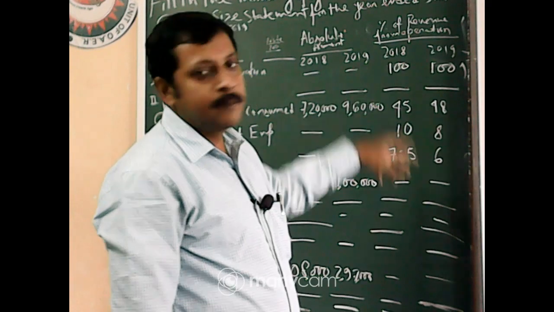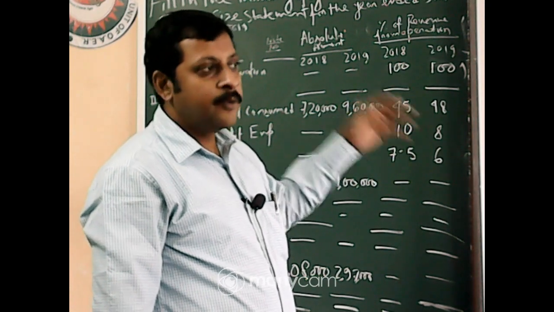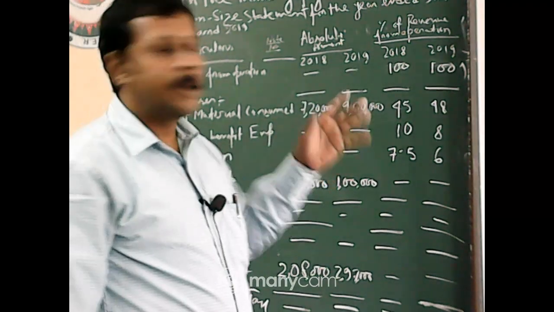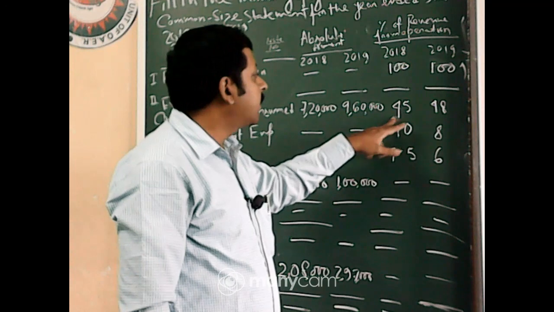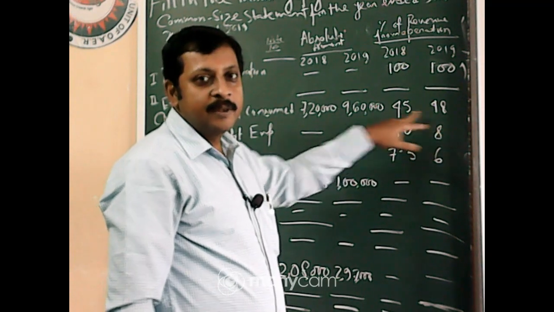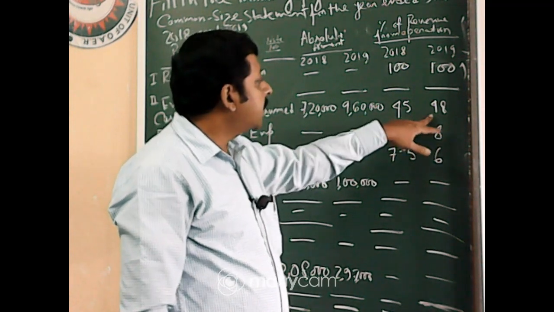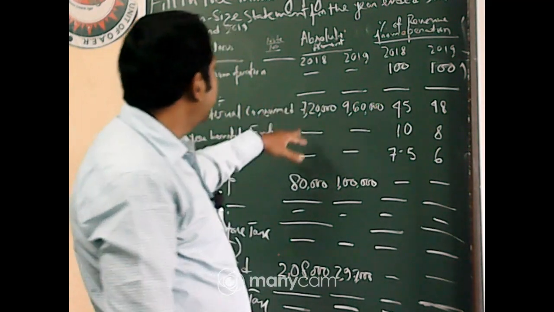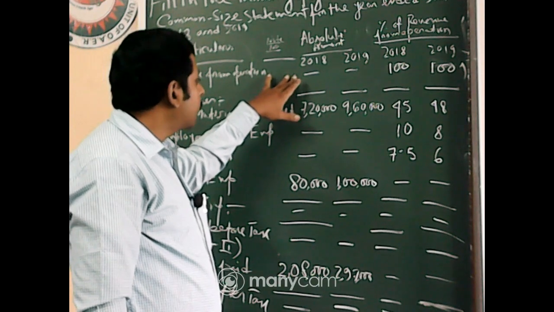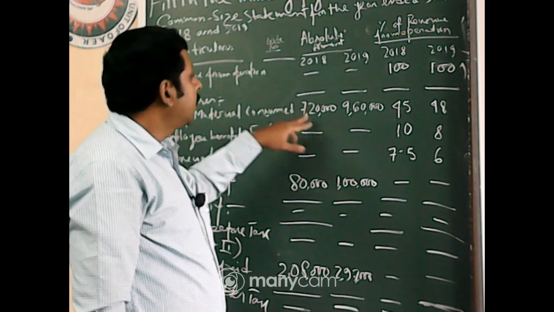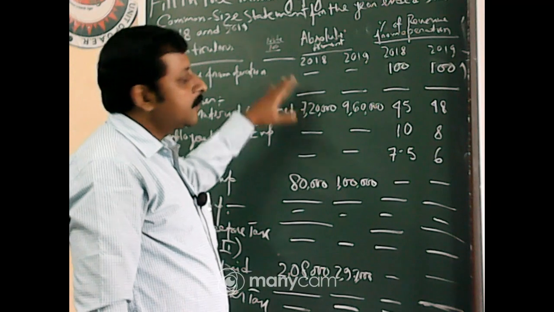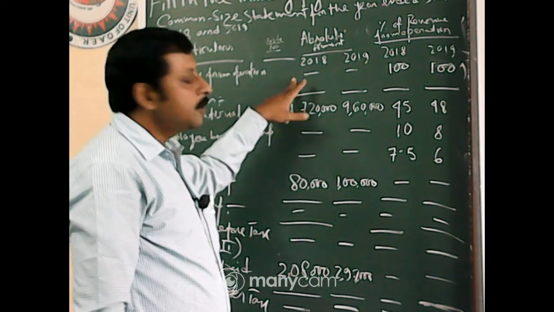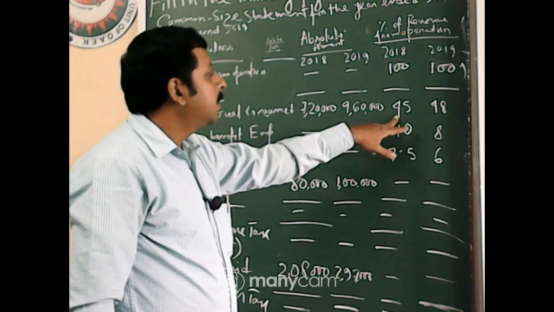In your previous practical example, the cost of material figure was there, but the percentage was not there. Here the percentage is also given, so this is the big advantage for us. 7,20,000 is the figure for cost of materials, which is 45%, because we calculate based on that percentage.